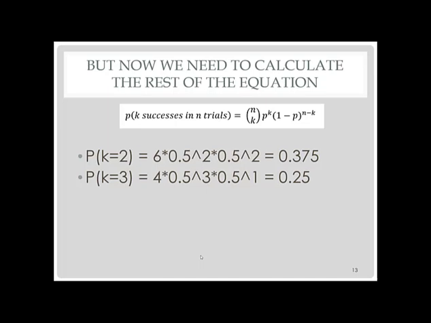Probability K equals 3. There's 4 different ways to get 3 heads. And we multiply that by 0.5 raised to the 3 times 0.5 raised to the 1, and we get 0.25. And one more time, K equals 4. This equals 1 times 0.5 raised to the 4 times 0.5 raised to the 0, and that gives us 0.0625.